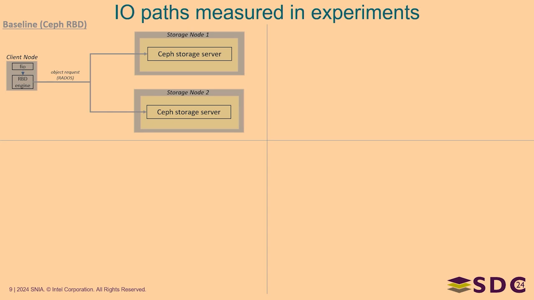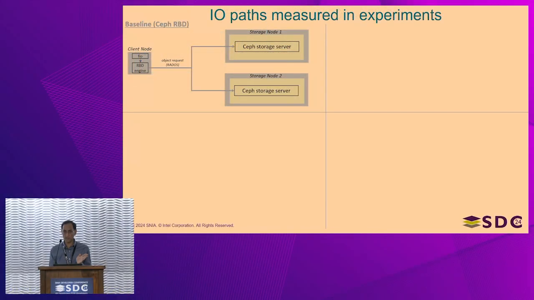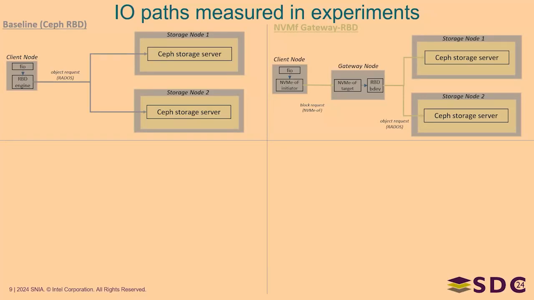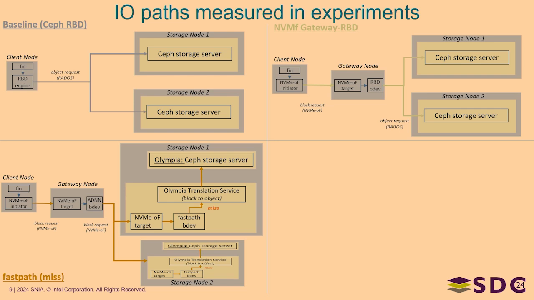And in terms of the IO paths that we're going to measure, it's the baseline where the client is sending the custom Ceph protocol, that is Rados requests. The next IO path is through the NVMe-over Fabrics gateway. So from the client, you get an NVMe-over Fabrics request converted to a Rados request by the gateway. The third one is where we got a miss in our fast path.